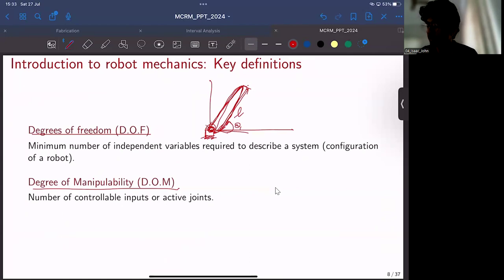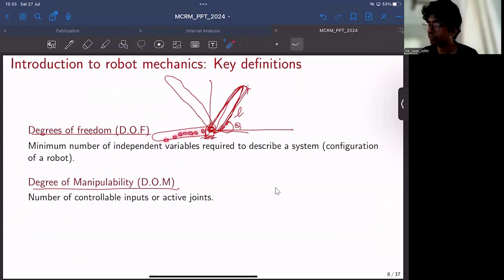For example, if the arm is rotated like this, you can fully describe each and every point of this robot using one parameter alone, theta. A single parameter alone can describe all the points lying on this link. So that essentially means the degree of freedom of the robot.